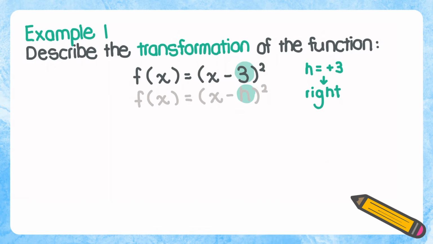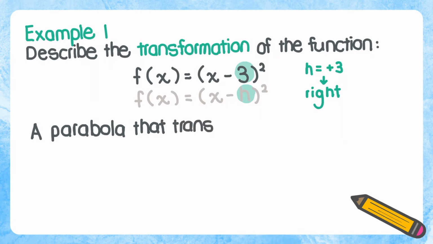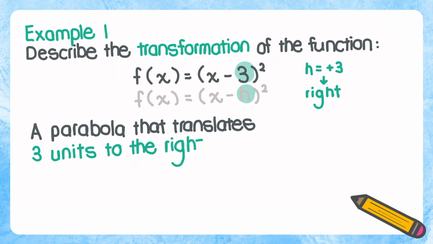So we need to provide a description that would look like this. Since it's a quadratic function, we have a parabola that translates, so that moves or translates 3 units to the right because h equals positive 3.